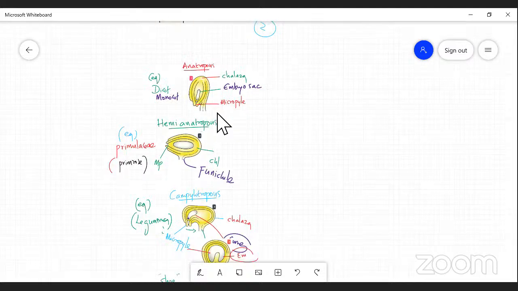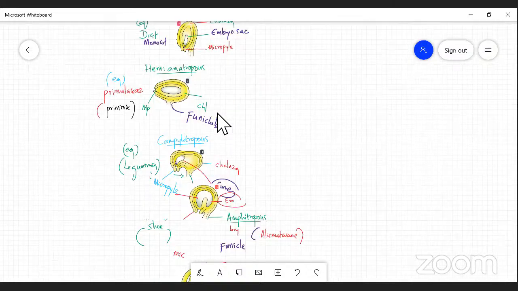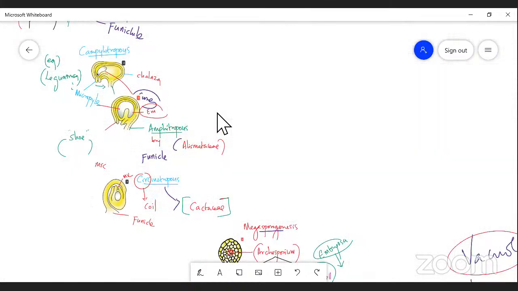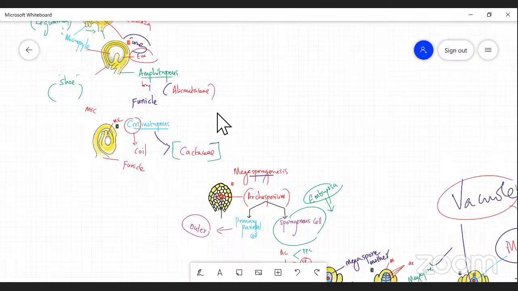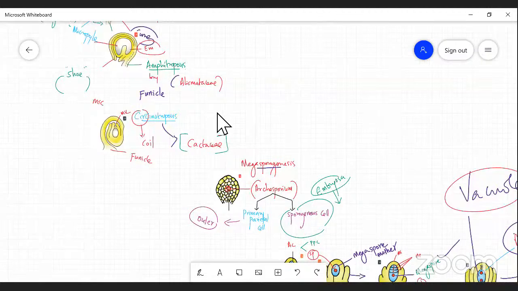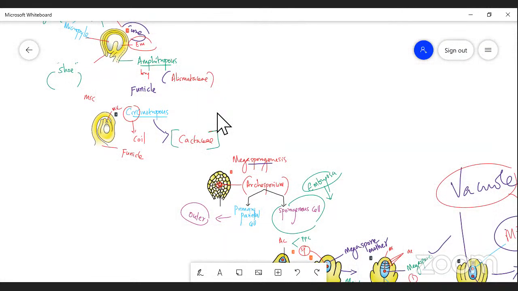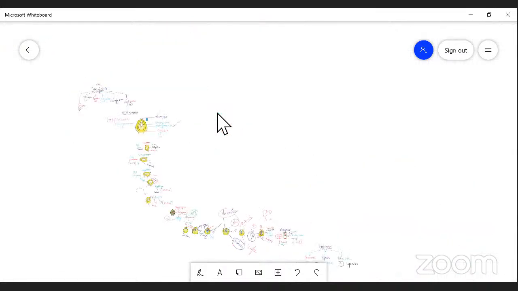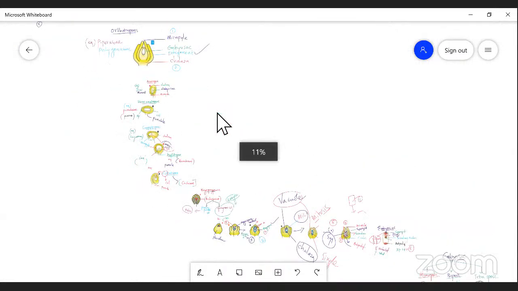Anyone? Right. Can you give an example for such a hemianatropous ovule? Cactaceae family. Very good. Keep it up.